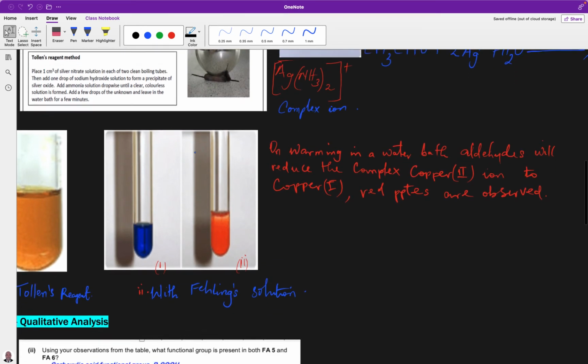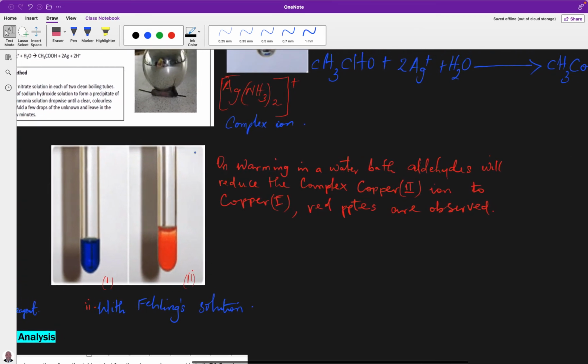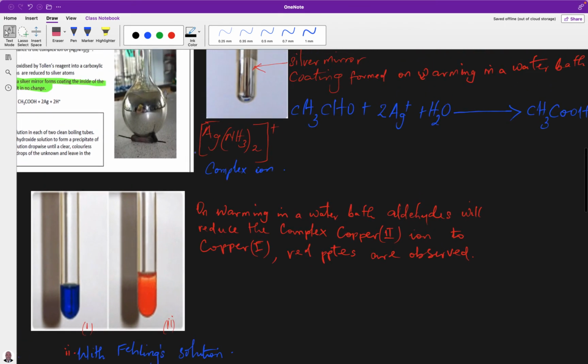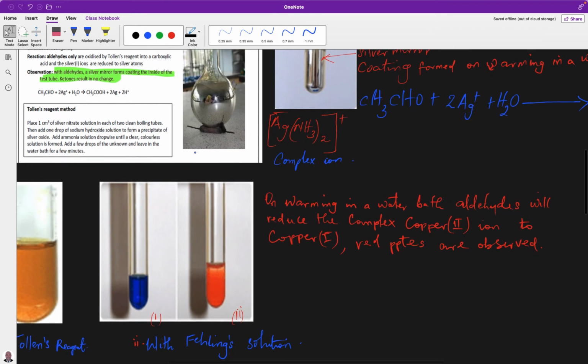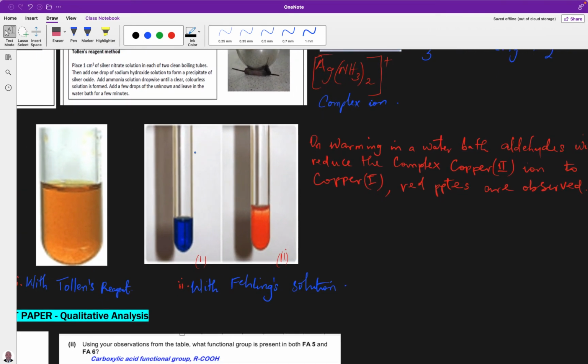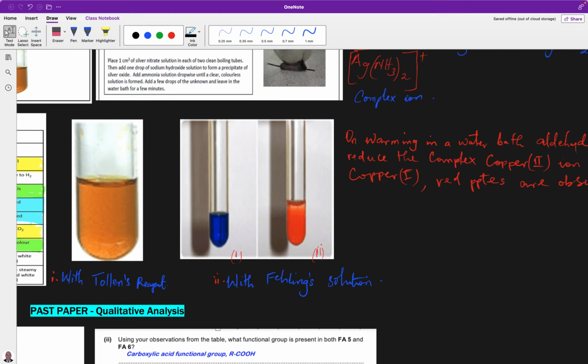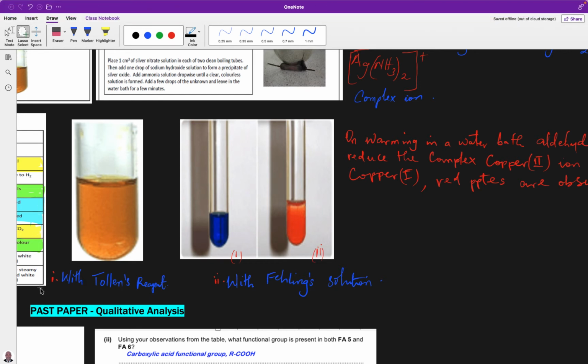Two tests are very, very important, one of them with Tollens' reagent.